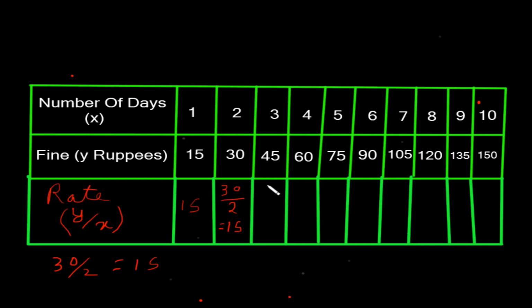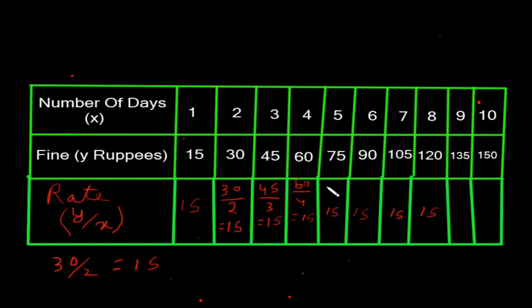Similarly, 45 divided by 3 will give us 15, and 60 divided by 4 will also give us 15, and so on. So we get 15, 15, 15, 15, 15 when this quantity is divided by this quantity.